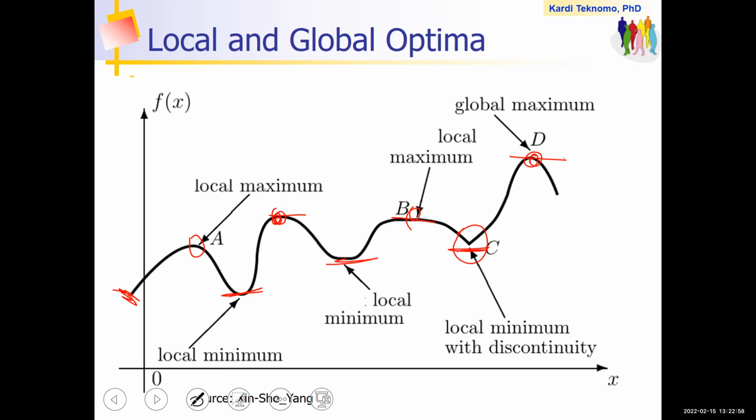I think last semester you learned about the Newton method, right? If you use a gradient method like the Newton method, it will always go to the local maximum or local minimum. So in that case, you need to be very careful with the initial condition.